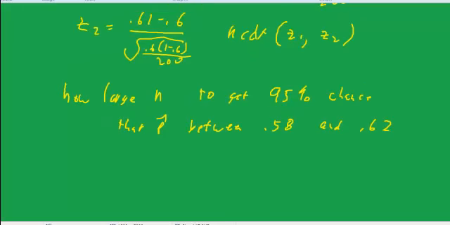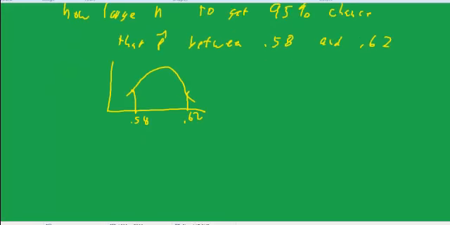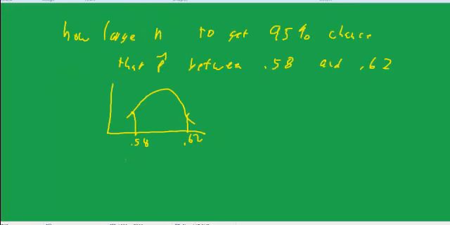So we have a z star, which we get by, let's just sketch. If we have 95% in the middle, between 0.58 and 0.62, that means there's 2.5% on each side.